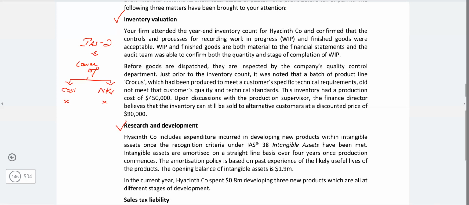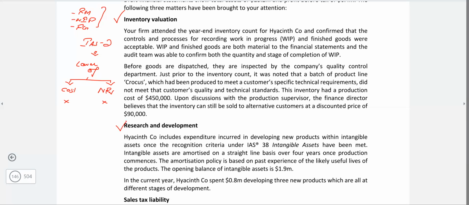Inventory includes the raw material, the work in progress, and the finished goods. All these three are recorded as inventory. So we do count the raw material, the things in progress, and the finished goods. All of these constitute the closing inventory figure in the statement of financial position, and this figure is also deducted from the cost of sales in the statement of profit or loss. So IAS 2 is about the lower of cost and NRV.